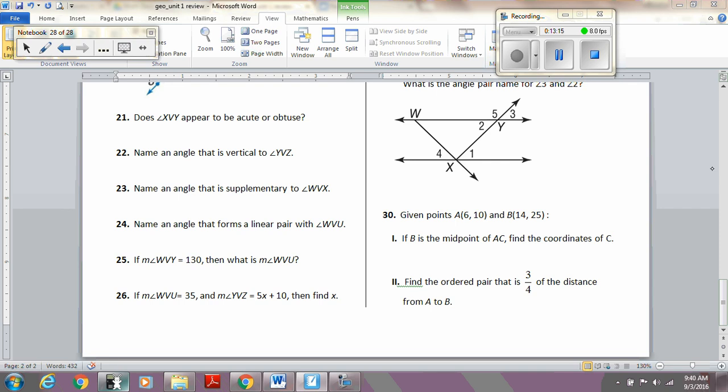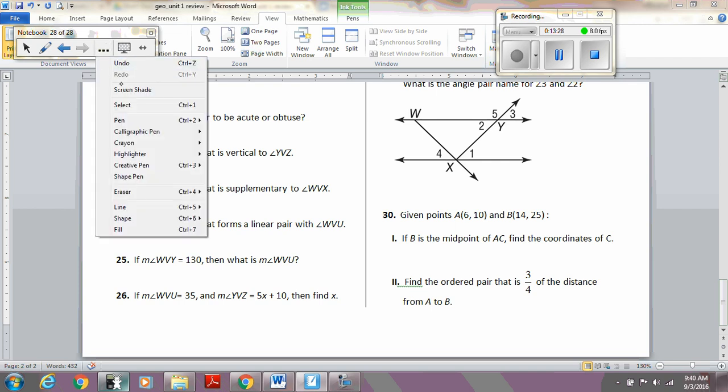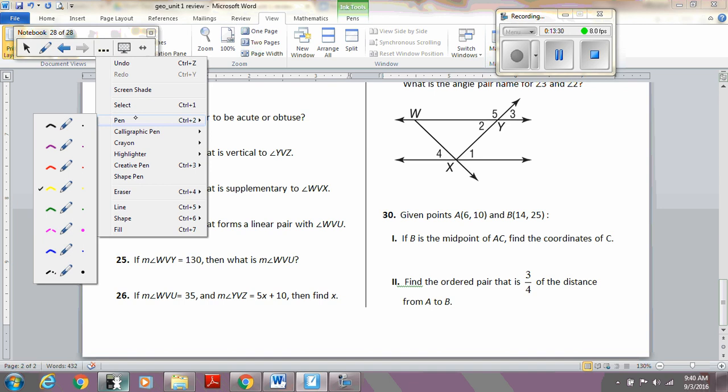And number 2, find the ordered pair that is 3/4 of the distance from A to B. Since it's on a coordinate plane, those 3 steps from fractional distance are doubled to 6 steps, because what you do to x, you have to do to y.